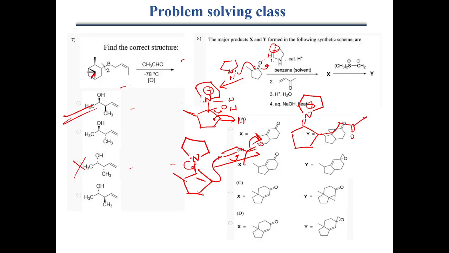So you see, now this iminium in presence of acid and H plus forms the ketone, that now in presence of sodium hydroxide, NaOH.